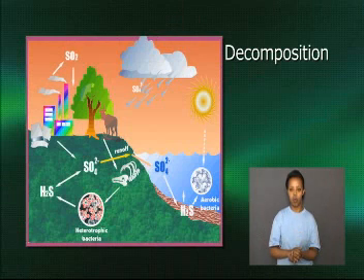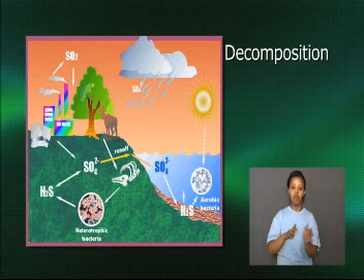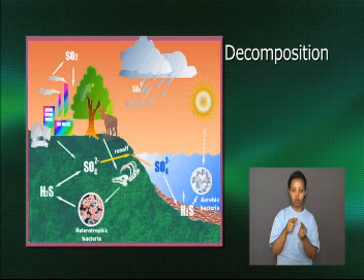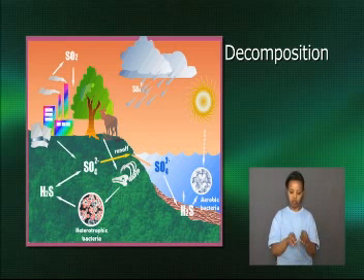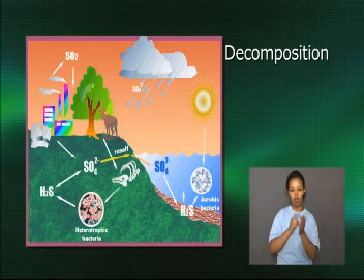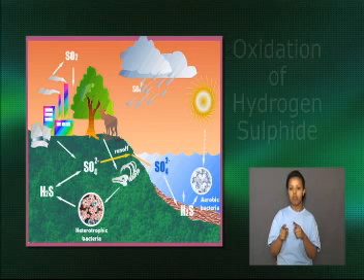Under anaerobic conditions, the bacteria Desulfovibrio work to release sulfur from the proteins of dead matter as hydrogen sulfide. This is what gives sulfur the rotten egg smell.